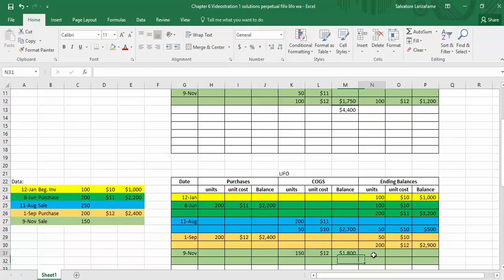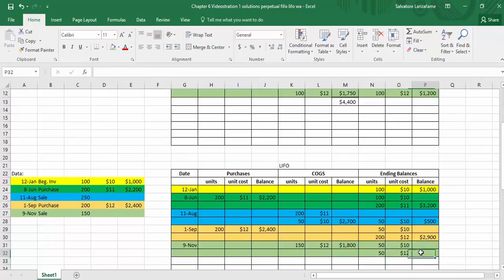So our inventory consists of the old 50 at 10 that are still there. And since we got rid of 150 of the $12 group, we still have 50 of the 12. So now our inventory is 50 times 10 and 50 times 12.